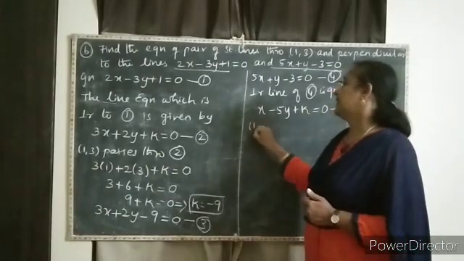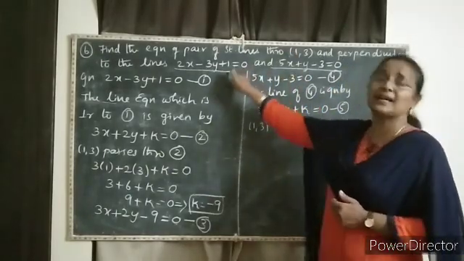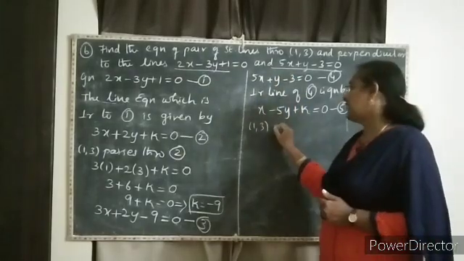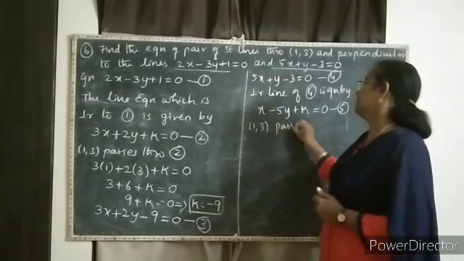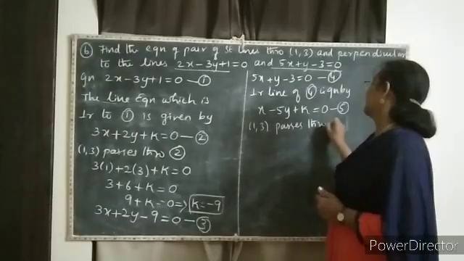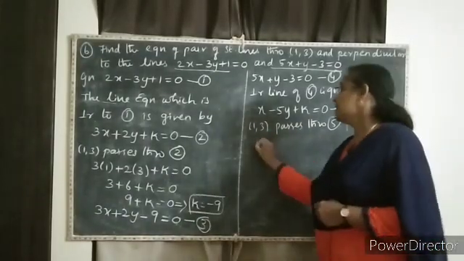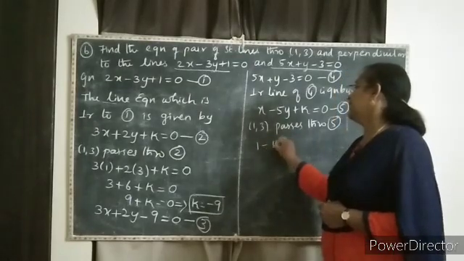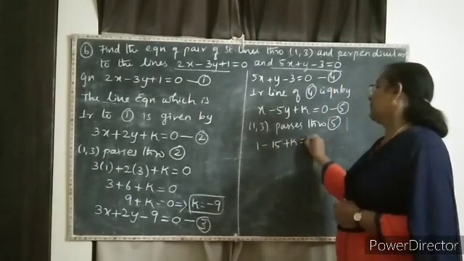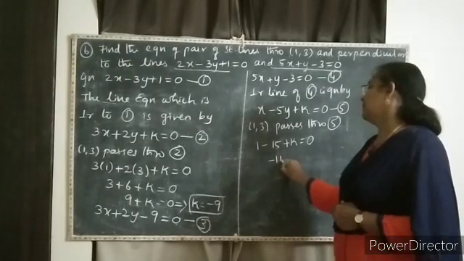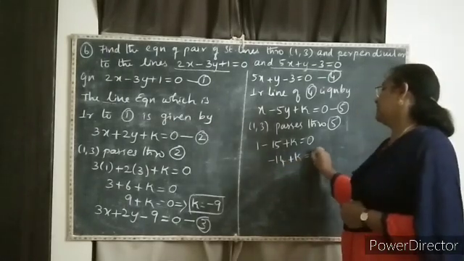Now again (1, 3), the same point is passed through these two lines, isn't it? So (1, 3) passes through which equation? Fifth equation. Now pass it. So 1 minus 15 plus k is equal to 0. So minus 14 plus k is equal to 0.